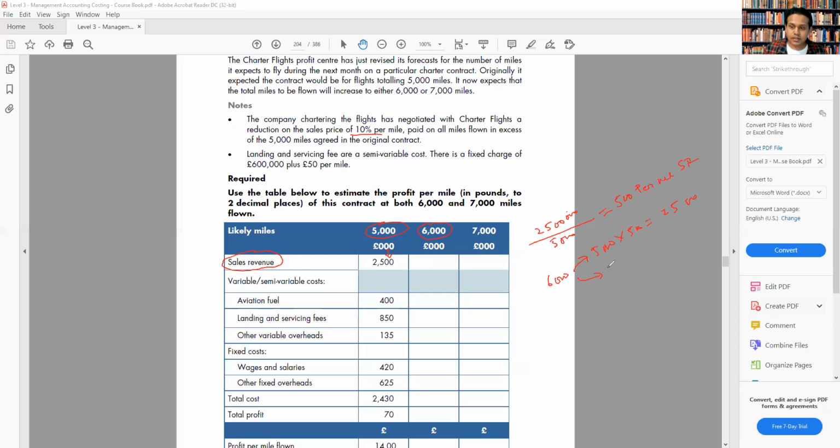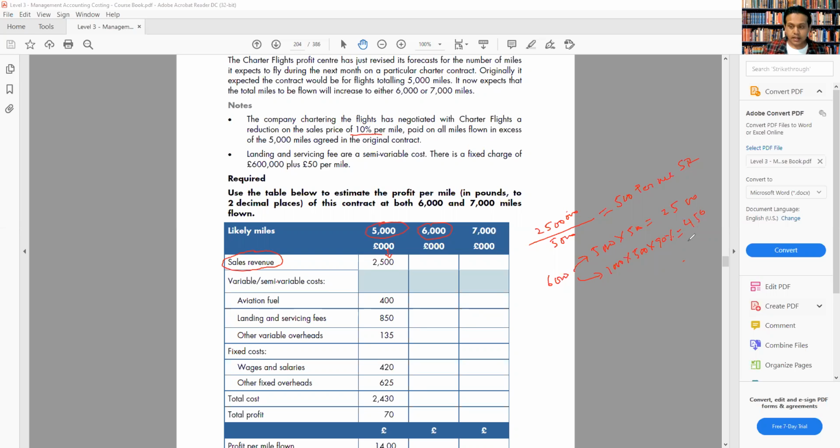But for the other 1,000, I'll multiply by 500 times 90%, because 10% is the discount. You can subtract the 10% later and it will give you the same figure, or you can multiply by 90%, which is the same thing. So 1,000 times 500 times 90% is 450.